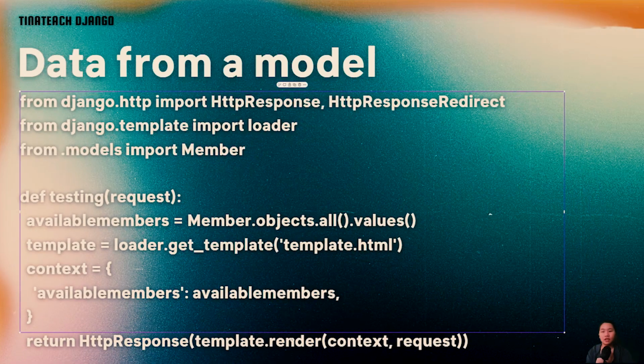Okay, now, so from Django, this is the views.py file, okay? We have our request over here, available members, member.objects.all().values(). So we're extracting all of the data from the model. Template, loader, get template, template.html. Now we're rendering the HTML, the one that says hello, first name, how are you, right? Context, available members, and then return HTTP response.